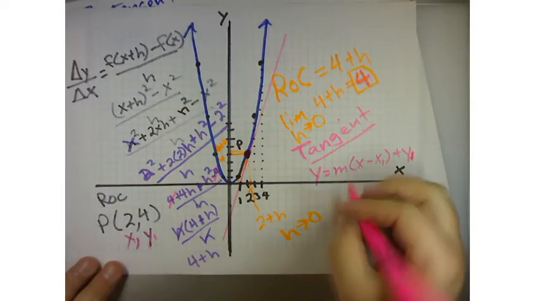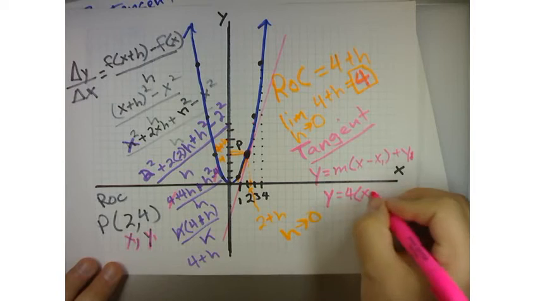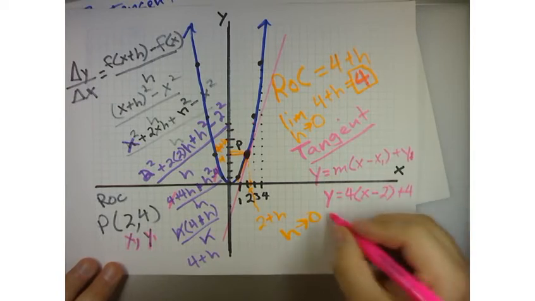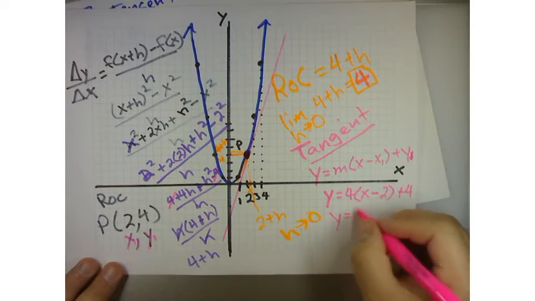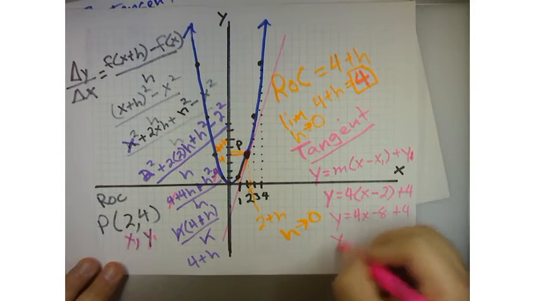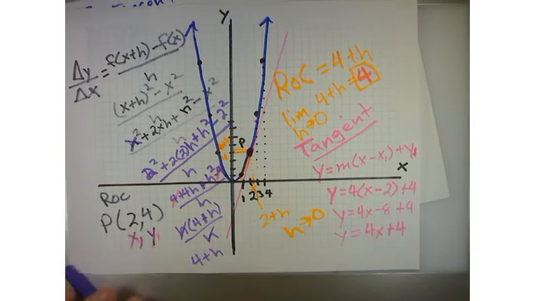So I can write the equation of the tangent line by saying 4 times x minus 2 plus 4. Push the 4 through the parentheses, I get 4x minus 8 plus 4. If I simplify it, I've got 4x minus 4. Minus 4, you're right.